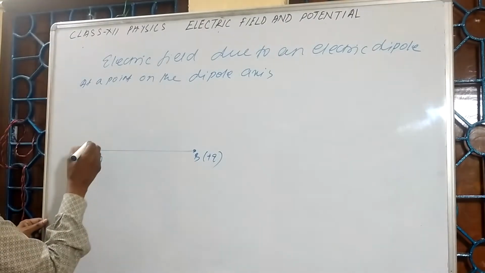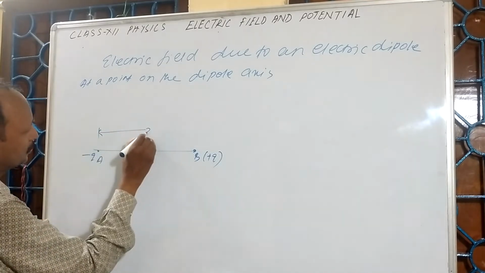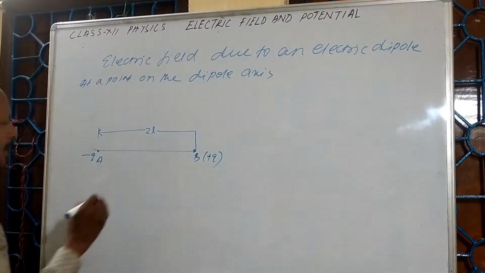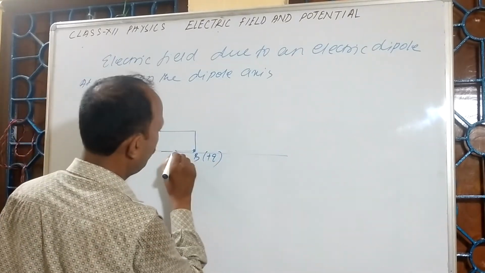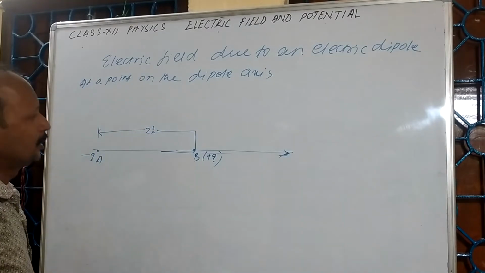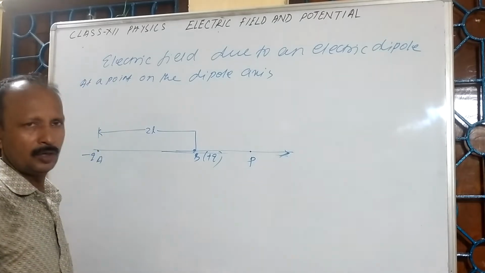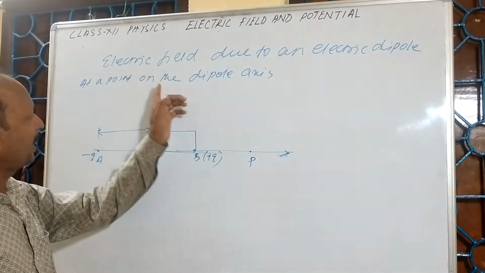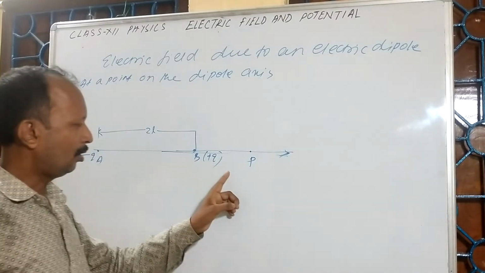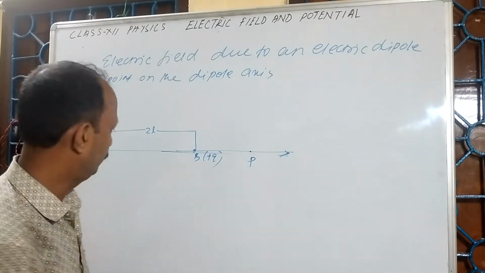Suppose here we have taken the distance between the two poles as 2L. This is the dipole axis. Suppose P is a point on the dipole axis. I want to calculate the electric field or field strength at the point P.